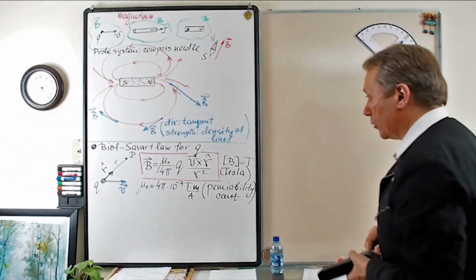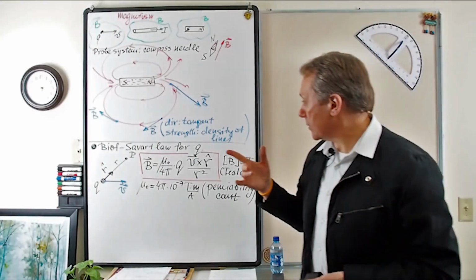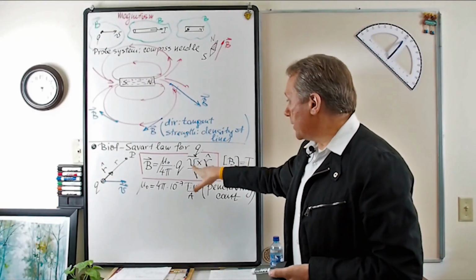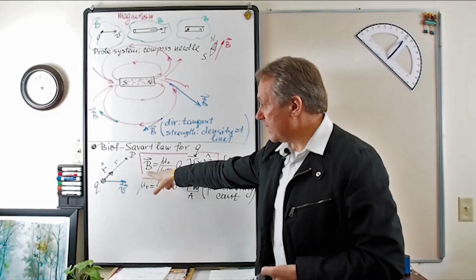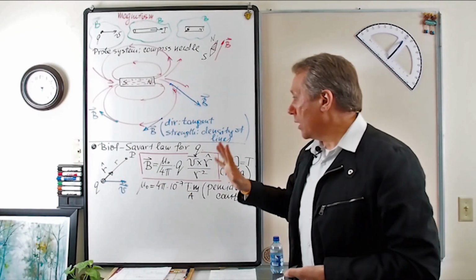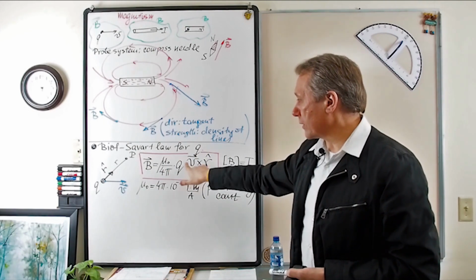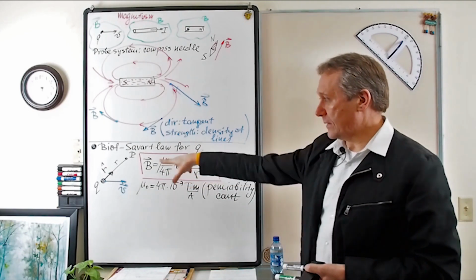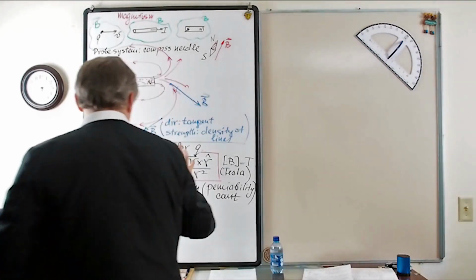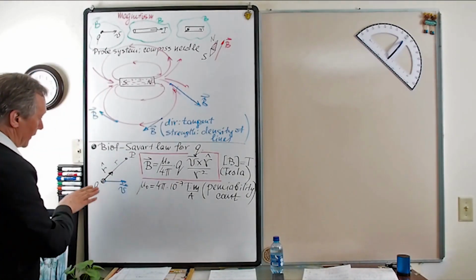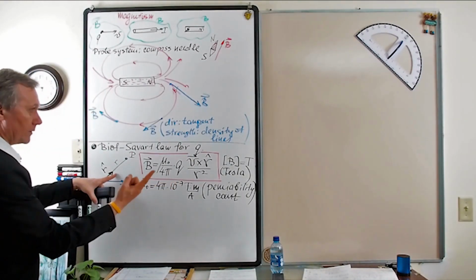So now, what's next can be discussed: direction. B is a vector at this point, right? So what determines the direction? The direction is in this cross product, v cross r hat. In this case, v goes that way, r goes that way.